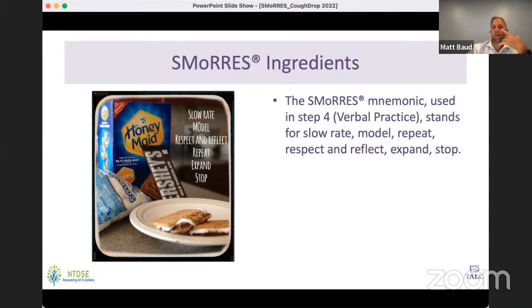If we look at S'mores, we break it down into different facilitation techniques for language, like slow rate and modeling with self-talk, parallel talk, repetition, respect and reflect, attending and stopping in different ways. But that's just one part. That's the verbal practice. That's one step in a much larger program for communication training. Because we know just talking about S'mores and bringing it in, you're not going to see a team, a paraprofessional, or a teacher implement it. They're going to think it's too difficult. It's just one part of it.